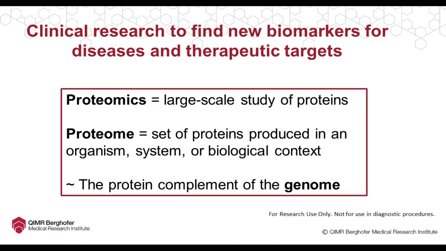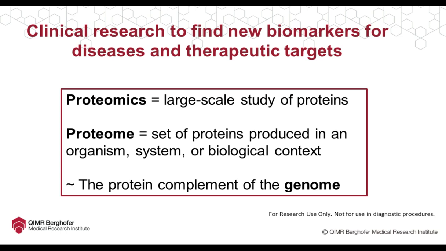With that introduction, let me first define the terms that we're using so we can all be on the same page. Proteomics is the large-scale study of proteins, and the proteome defines the whole set of proteins produced in an organism, a system, or biological context, and that's thought to be the protein complement of the genome.